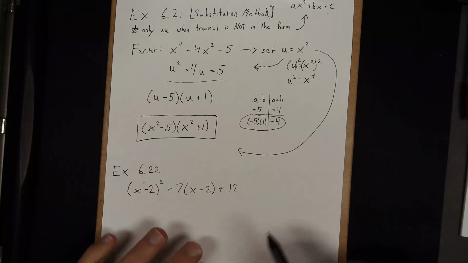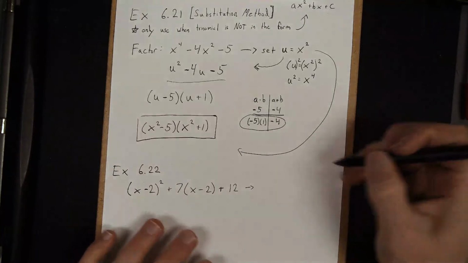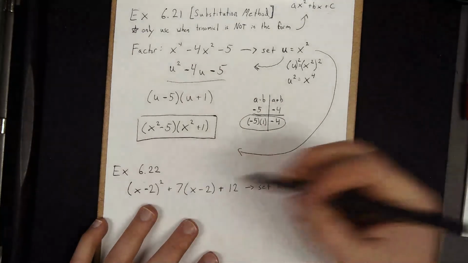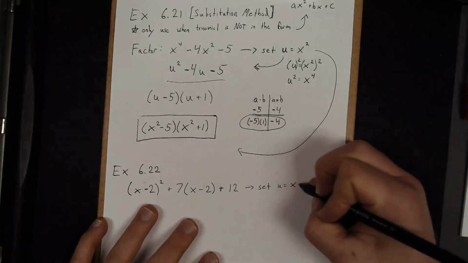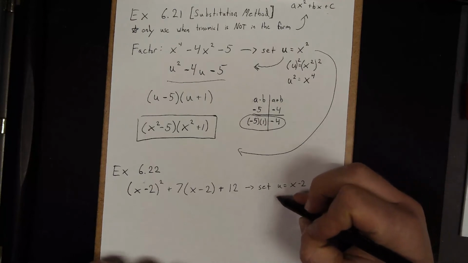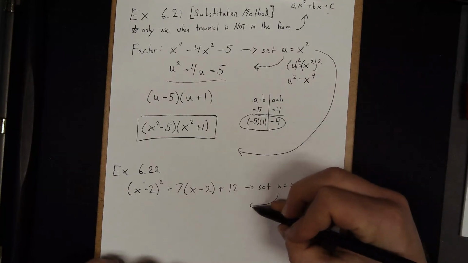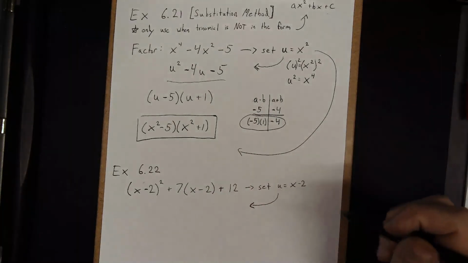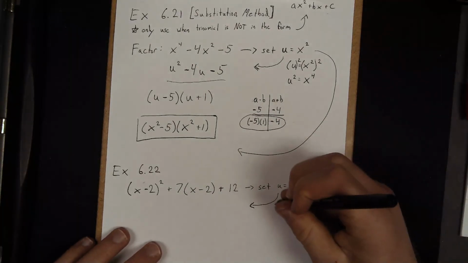Okay, well, instead of an x, why don't we set u equal to x minus 2? Now plug u into this equation everywhere we see an x minus 2, or substitute u in.